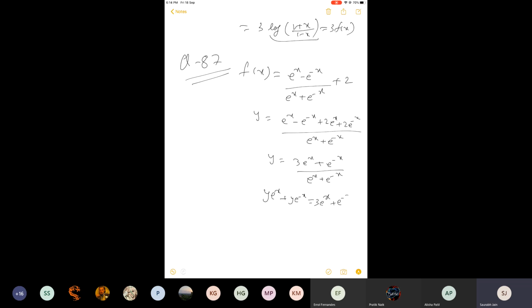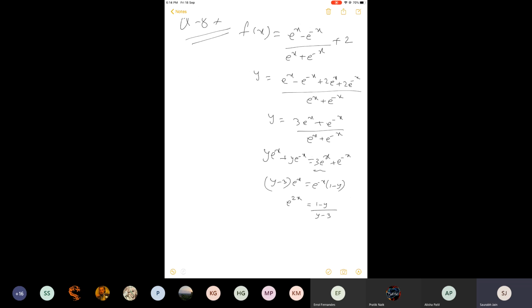Write similar terms together. So for that, let us shift this to the left hand side. Shift this to the other side. Now bring x on one side and y on the other side. So e to the power minus x, when it is shifted to LHS, it will become plus. e to the minus x will come in division, and I can write it as e to the power x in the numerator.